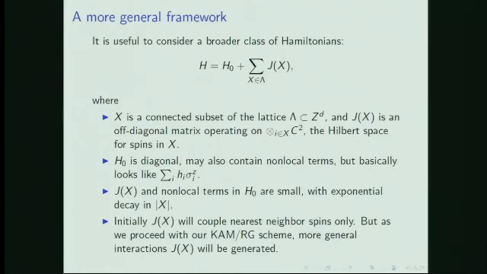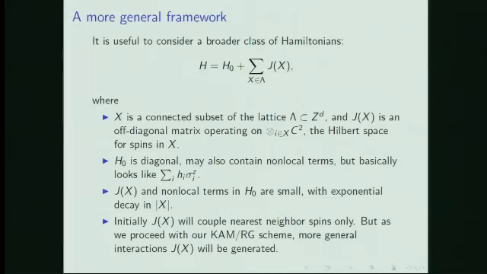So initially we have nearest neighbor couplings in these j of x, but as we proceed to get more and more interactions, the order in perturbation theory, in effect, connects with the range of the interaction. The more steps you make, the higher order you get perturbatively as a function of j.